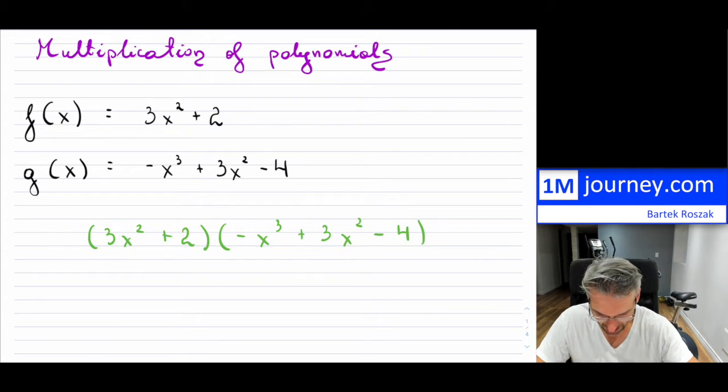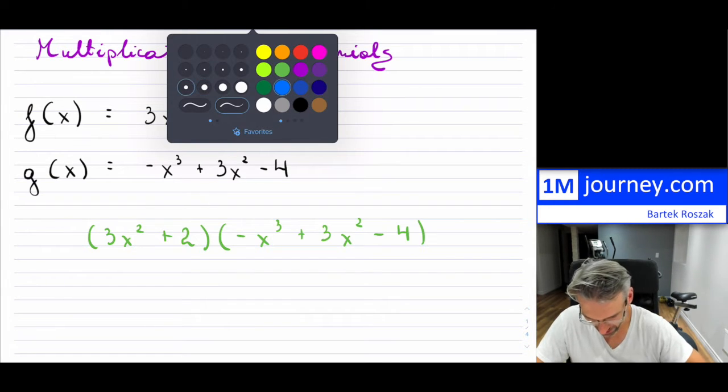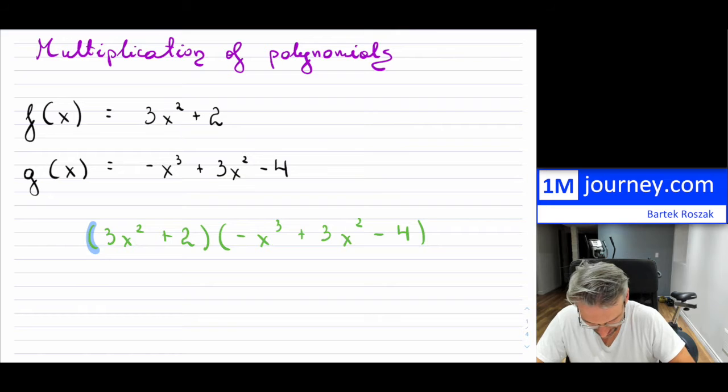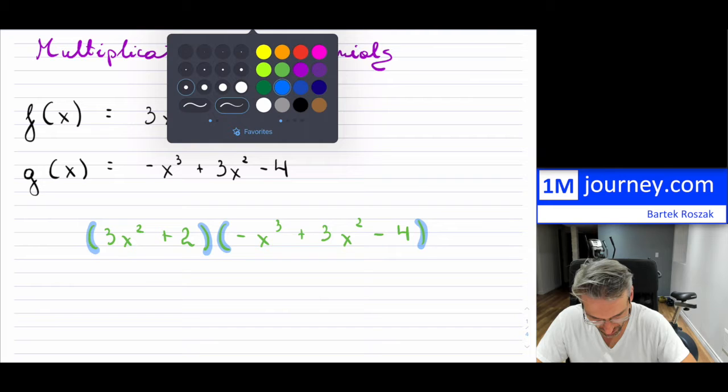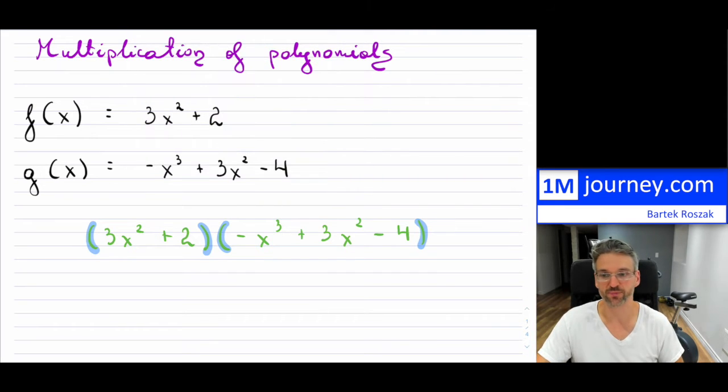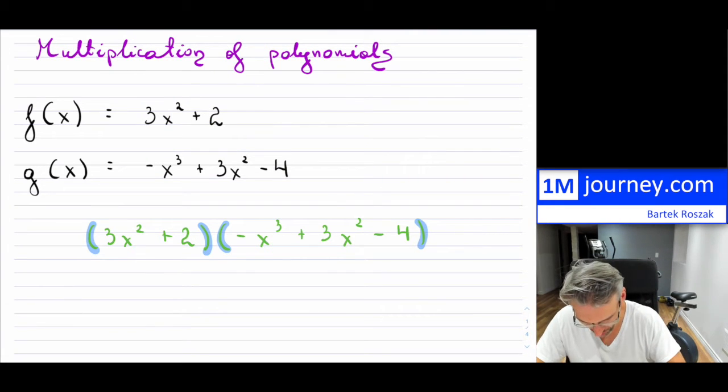If you take the first factor that we have in here, and you want to multiply it by the second factor, so these are your f and your g, the only thing that we really do is a walkthrough and we multiply each term within the factor.